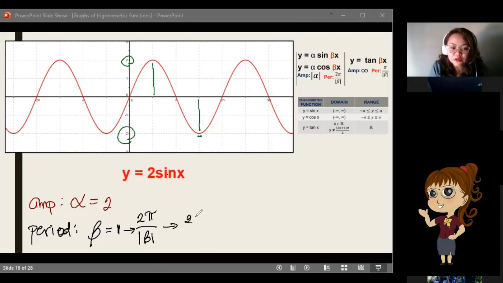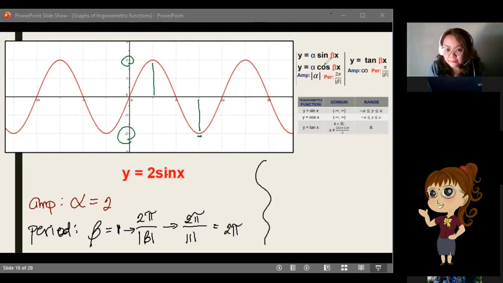So I hope I was able to answer the question a while ago kung saan nakukuha ang beta value. Now we simplify this 2 pi over 1, which will now just be 2 pi when we simplify. And then we proceed with this for the domain.